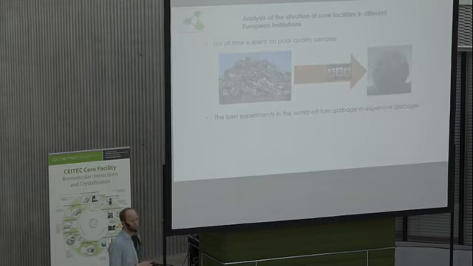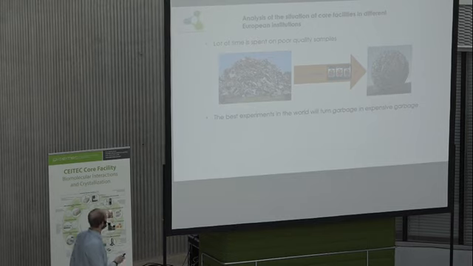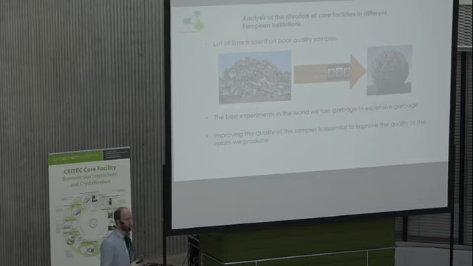No matter what you do, when you put garbage in, you can use very expensive equipment, very expensive core facilities, you will still get garbage out. The best experiment will just turn your garbage into expensive garbage, but you don't really get any results from that. So improving the sample quality is one of the essential steps to really get reproducible and reliable experimental information.